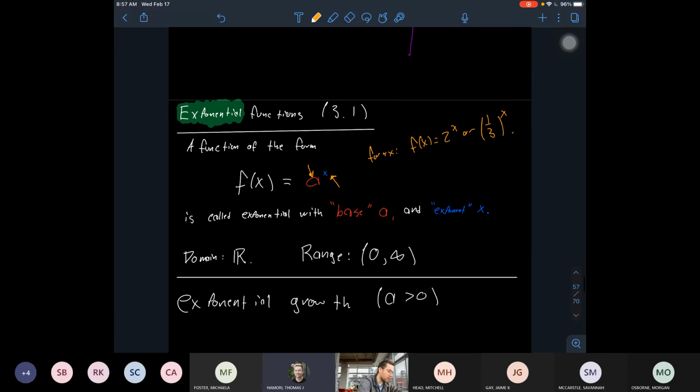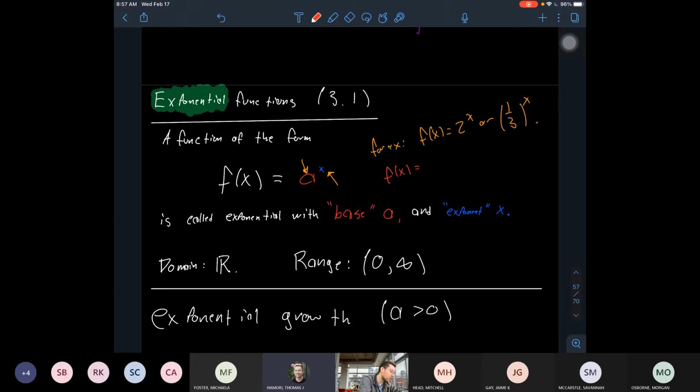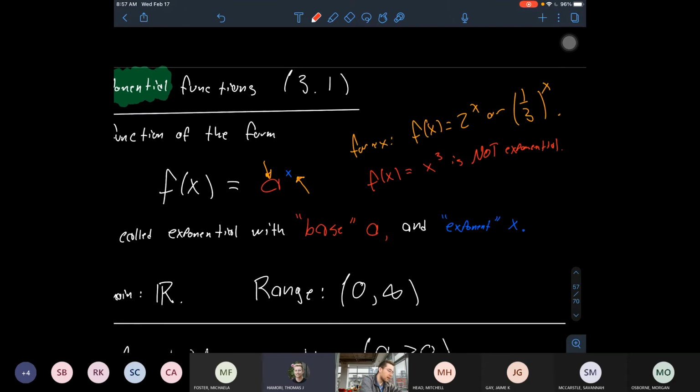The distinction I want to draw here is that f of x equals x cubed is not exponential. If we want an exponential, we should have x in the power. Here we have an exponent, but this isn't exponential, because the exponent here is just a number.